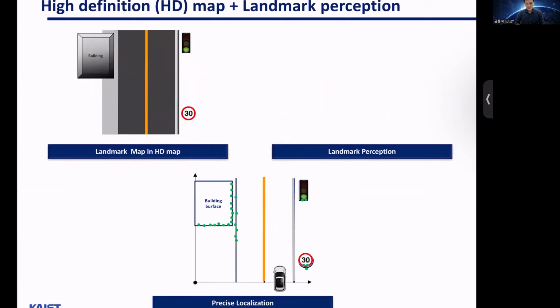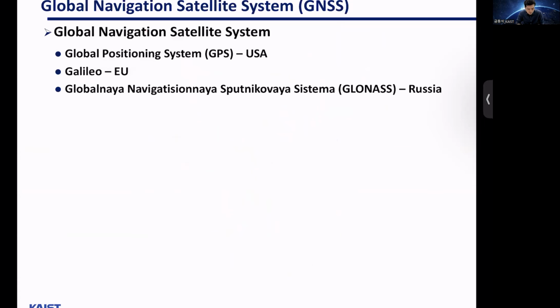And we're going to match those two pieces of information to find the position of the ego vehicle. So this is the map-based localization or landmark alignment.